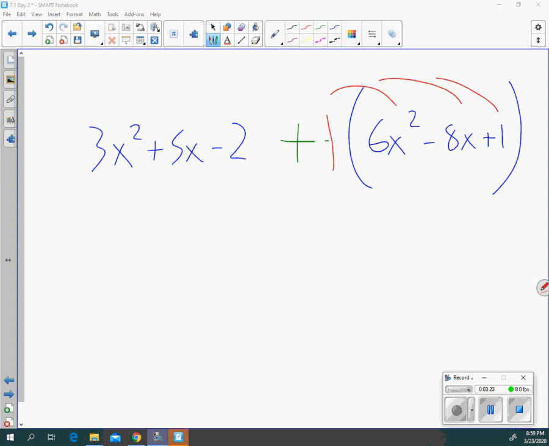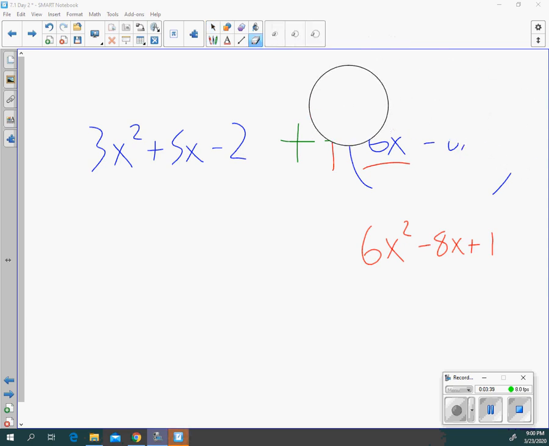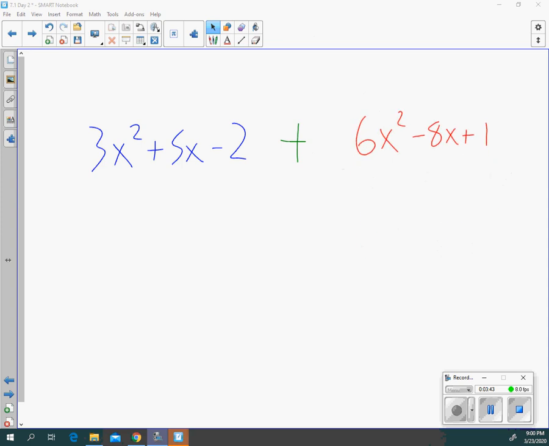So what's 1 times 6x squared? 6x squared. What's 1 times negative 8x, right? And all that stuff. So let me just write it below here. 6x squared minus 8x plus 1. So really, the parentheses stuff is going to disappear. And all of this just slides right up in there, and then you're just combining like terms, okay?